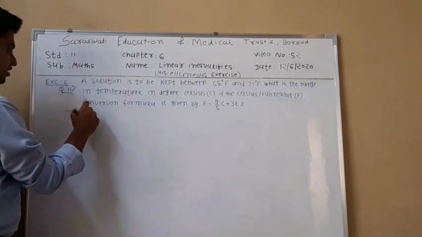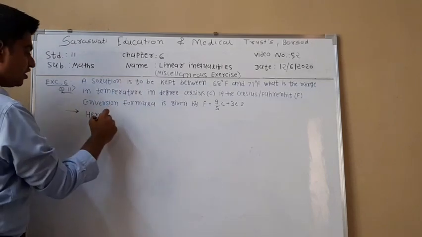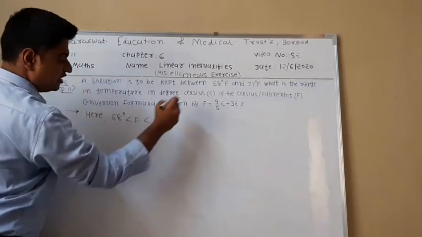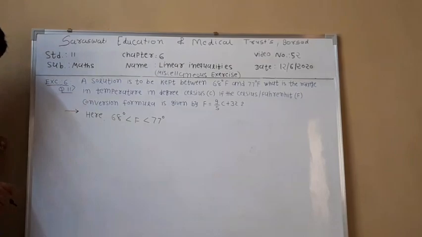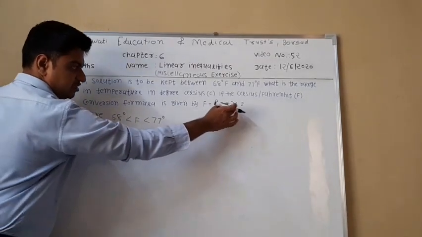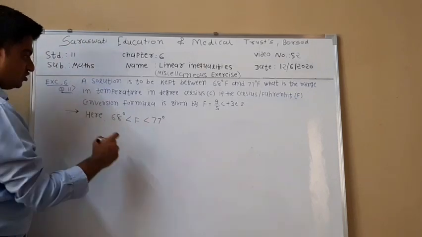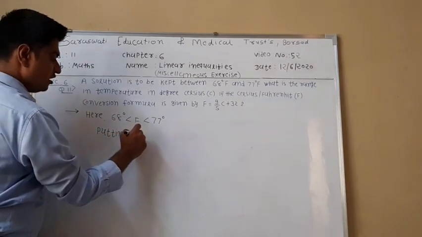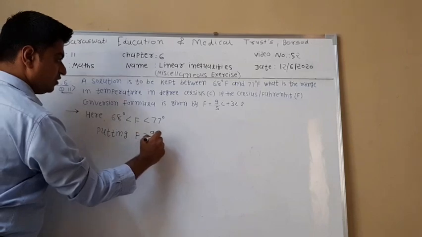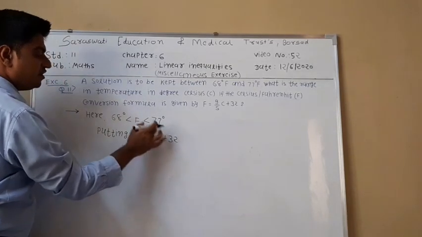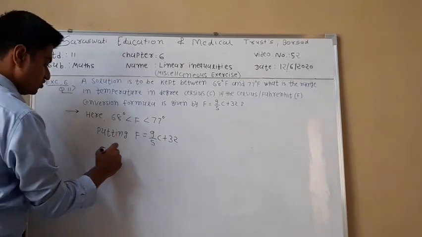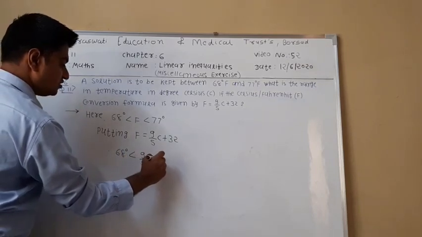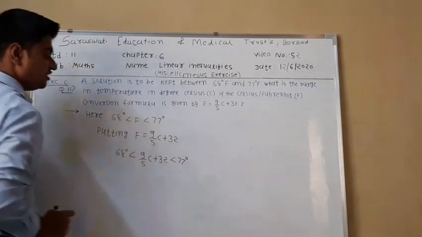So first of all, we write 68 < F < 77. Now it is given that F = 9/5 C + 32. Substitute this value in place of F. Therefore 68 < 9/5 C + 32 < 77.